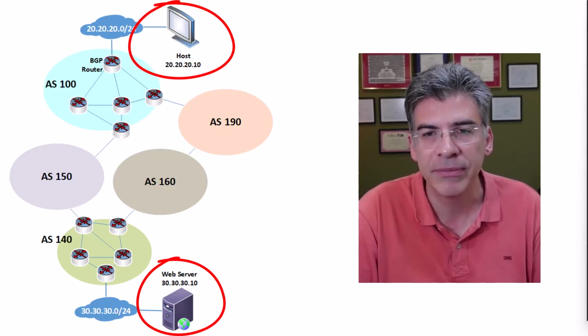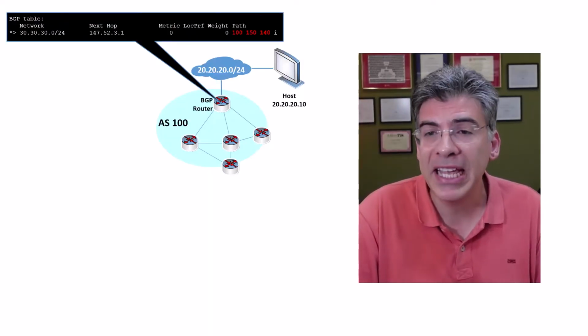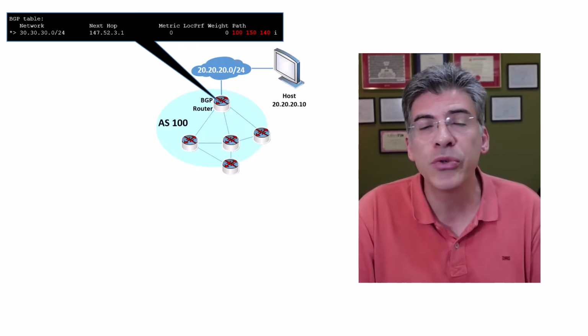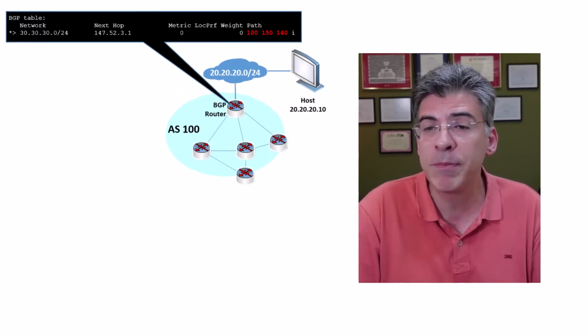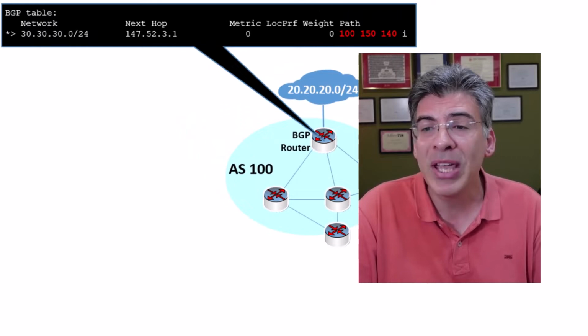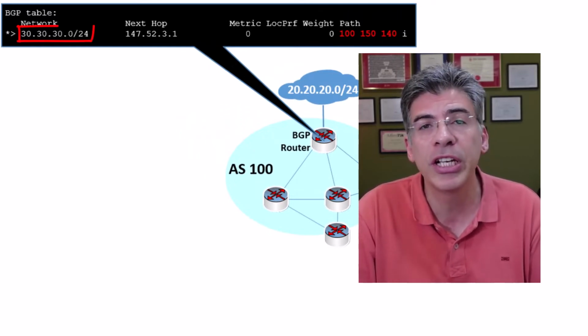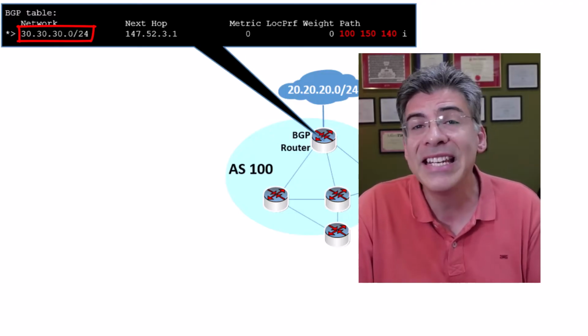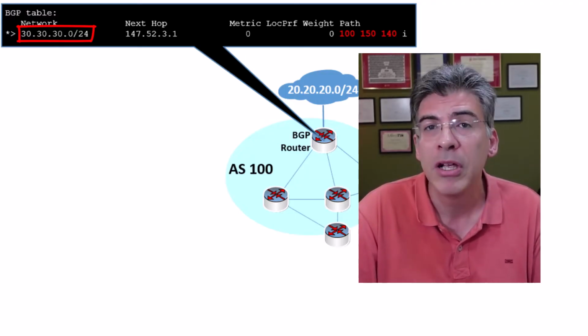Now, each BGP router maintains what is known as a BGP table. If we take a look at the entry in the BGP table of our first BGP router, we see that we have a path to the 30.30.30.0/24 network. Now, this is the network to which our web server belongs.